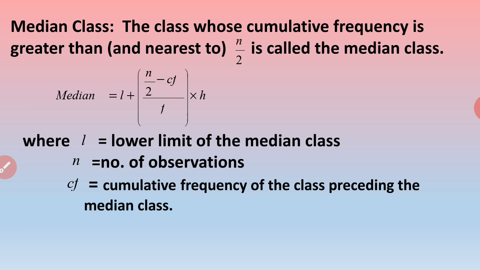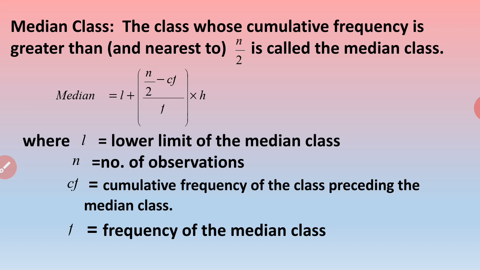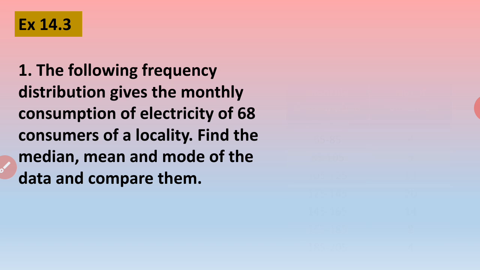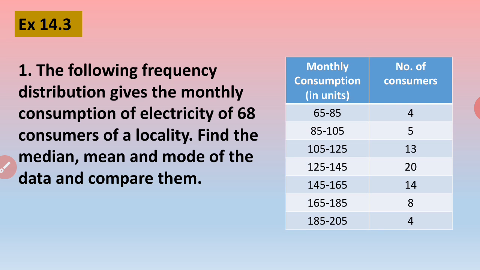CF is the cumulative frequency of the class preceding the median class. So when you decide upon the median class, preceding it, you will get the cumulative frequency CF. F is the frequency of the median class and H is the size of the class interval. With this, let us move to some examples. Examples always help us to understand the topic much better.